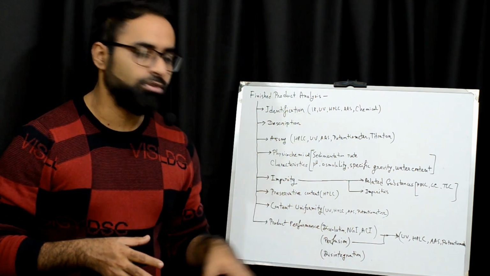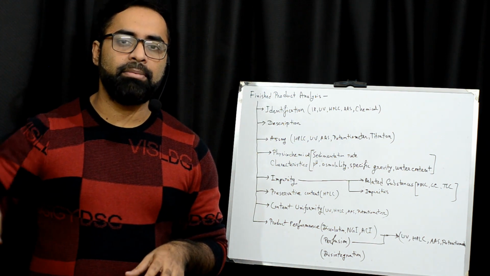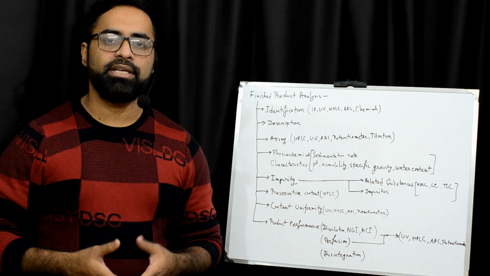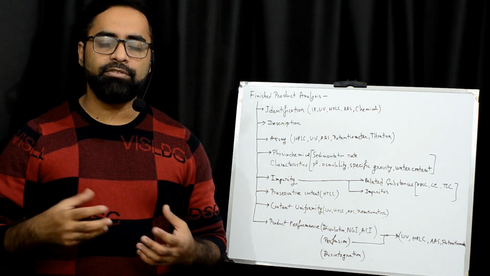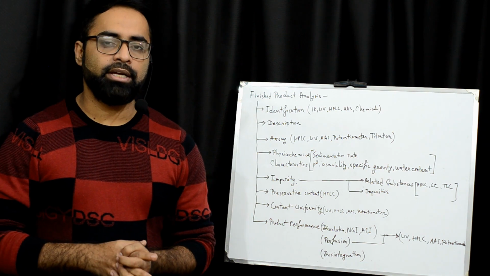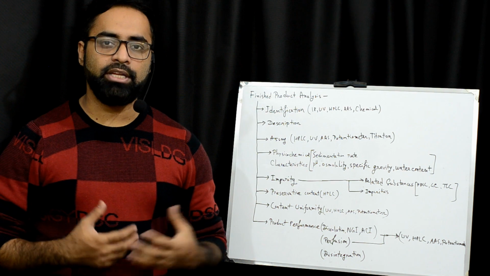In case of content uniformity, we analyze each tablet individually. Generally, the sample size is 10. That means 10 individual units are tested. After the test, we can show that all the tablets contain almost similar amounts of API.